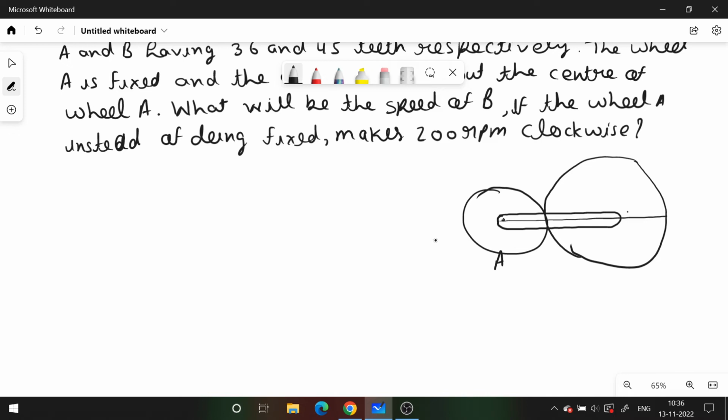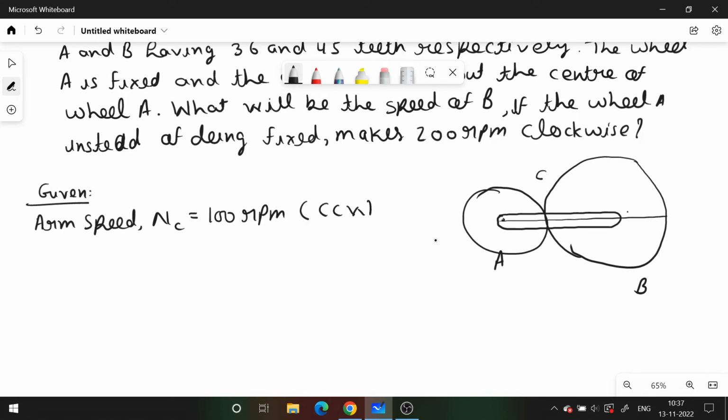This is gear A, gear B, and arm C. Given arm speed NC is 100 rpm counterclockwise.